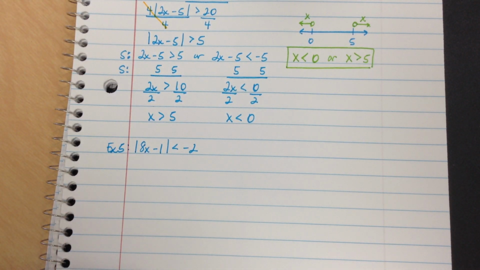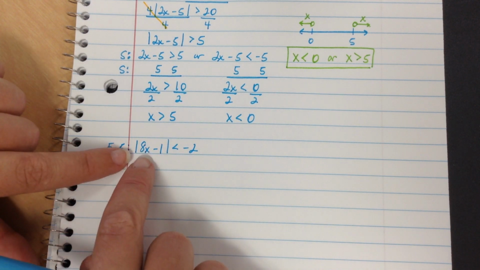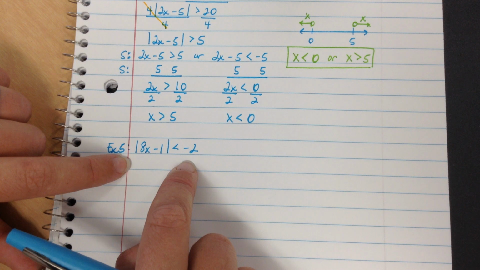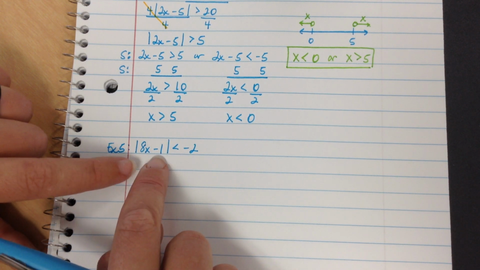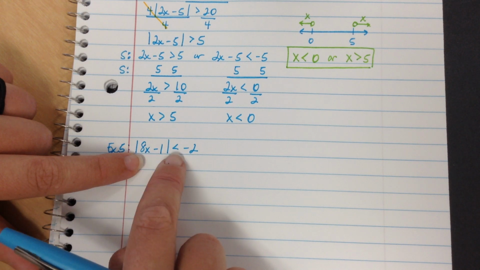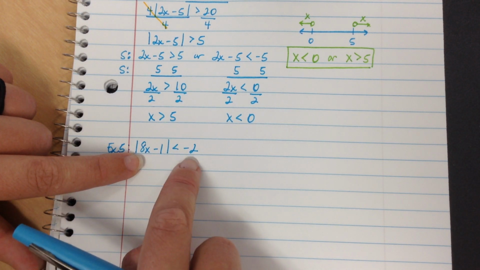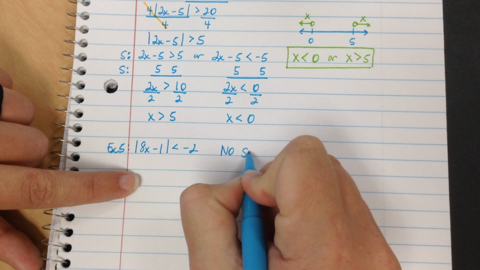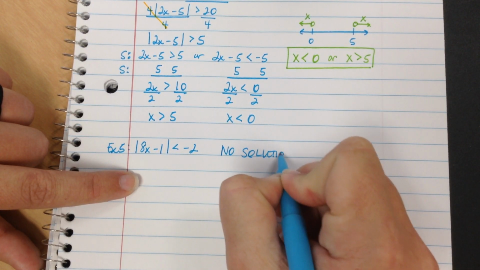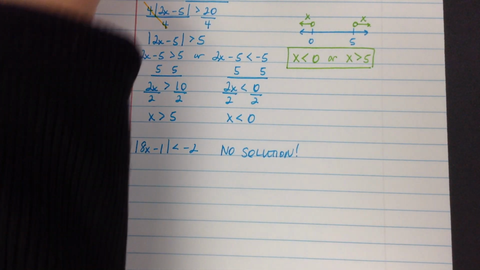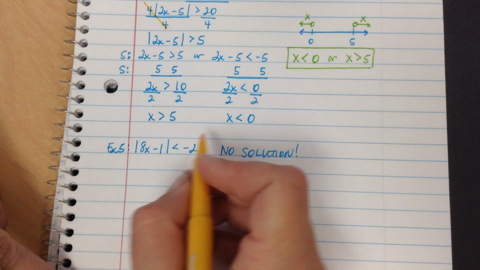Negative numbers are less. So is absolute value ever going to be negative? No. Absolute value is always going to be a positive value. Positive numbers will never ever be less than negative ones. The answer to this is no solution. No solution. Make yourself a note of why this is.